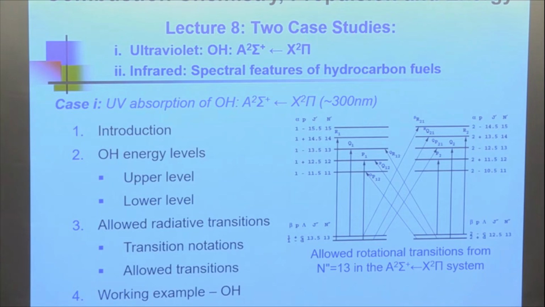That's the spin splitting. So given N has two J's, 12 and a half and 13 and a half. And the label beta is when I'm saying F1 and F2. F1 is J equals N plus a half. F2 is J equals N minus a half.